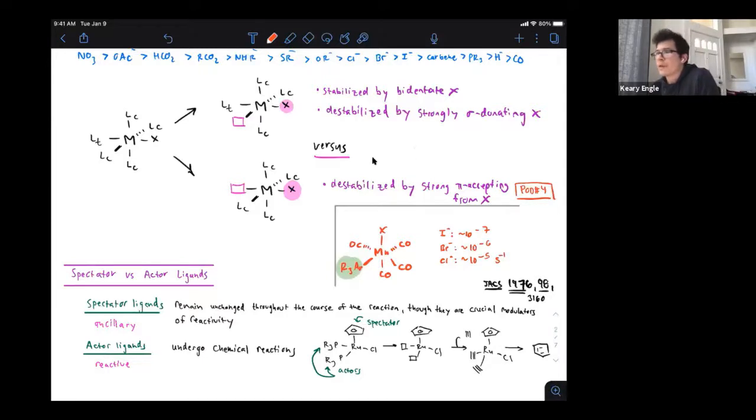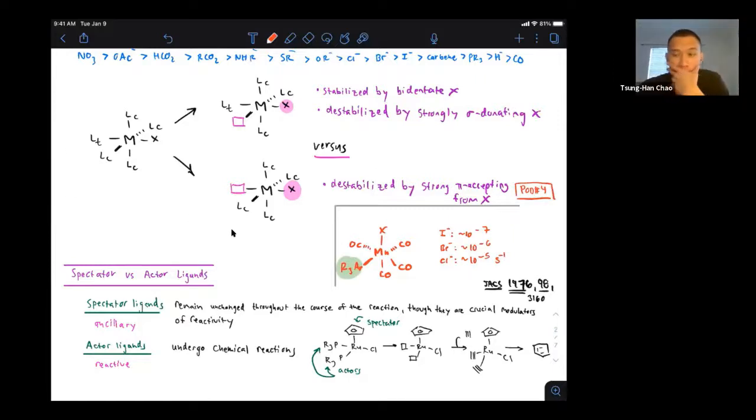I think one kind of quick and dirty explanation would just be that things that are more strongly sigma donating are going to push electron density onto the metal, and they will destabilize the metal ligand bonds most proximal to them. Okay, thank you. Yeah.